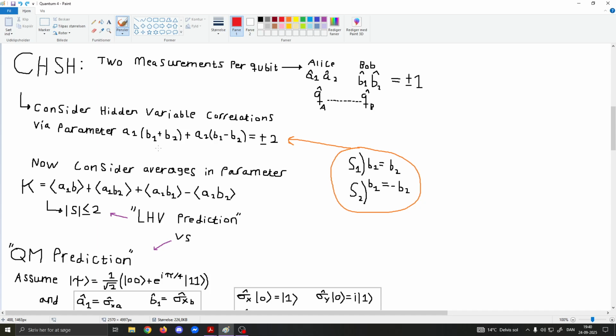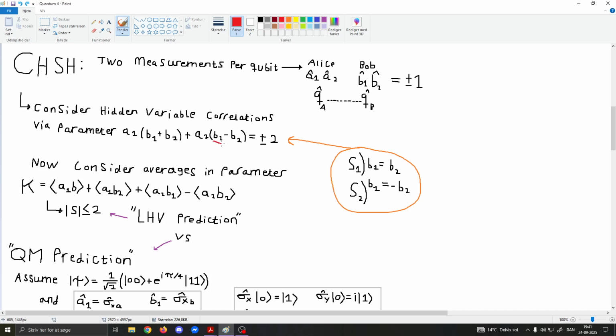If we then parameterize some value like this, what will the outcome be? Well, imagine that we have two scenarios. Scenario one is that B1 and B2 are the same, meaning they are either +1, +1 or -1, -1. If they are the same, then B1 plus B2 should be either the number 2 or the number -2.